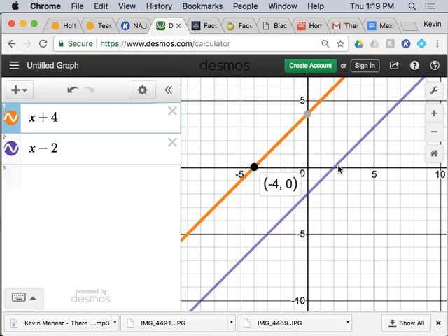If we look here, we see the x-intercepts of these lines are -4 and 2. This linear function x plus 4, even though it's plus 4, its intercept is at -4. And x minus 2, the purple one, has an intercept at positive 2. You guys see that? So those are the x-intercepts of those functions.